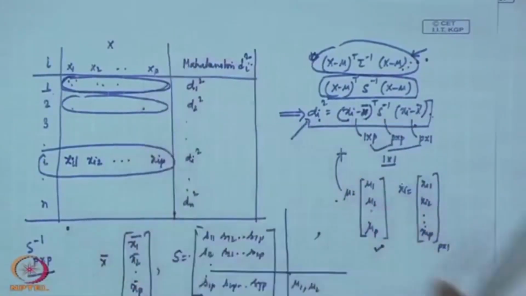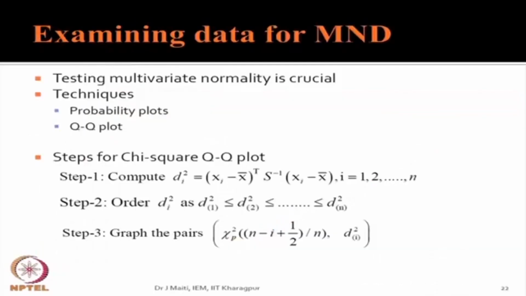Using this property and steps like this, plot. If you get a straight line, that is multivariate normal. If it differs substantially, then definitely that is not multivariate normal, but there will always be some amount of departure. So, what departure is acceptable, that also you have to check.